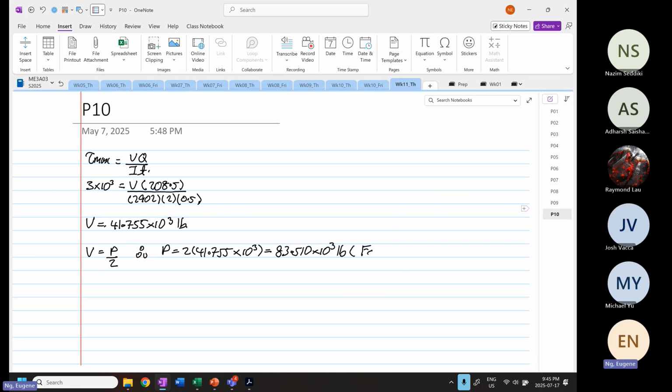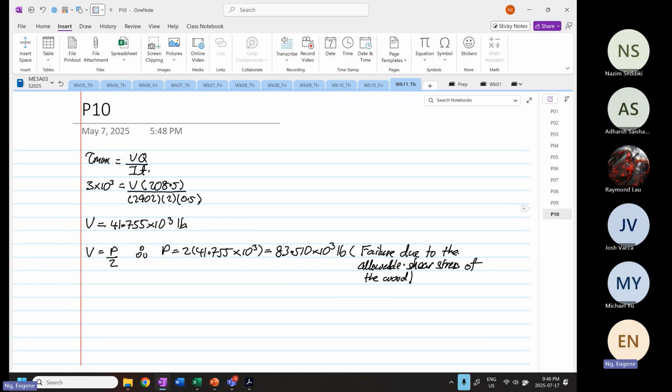This is failure due to the shearing force or allowable shearing stress of the wood. Right?